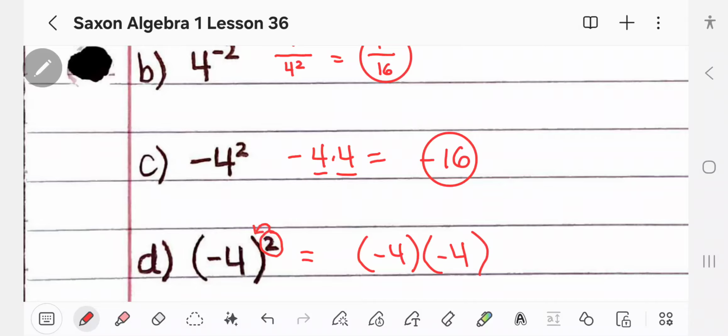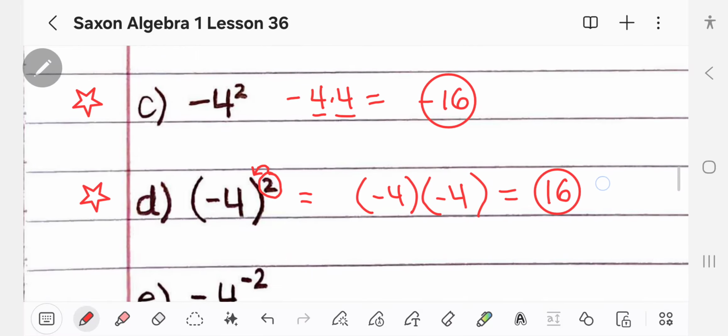And it means I want you to repeat what's in the parentheses and have a total of 2 of them. So this answer would be negative 4 times negative 4, which is positive 16. Very, very important to distinguish between these two uses. They look so similar, but they mean different things.